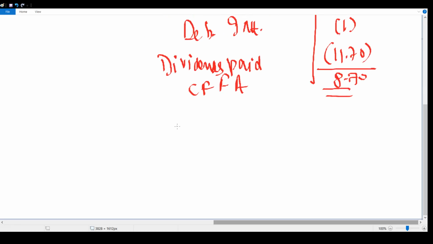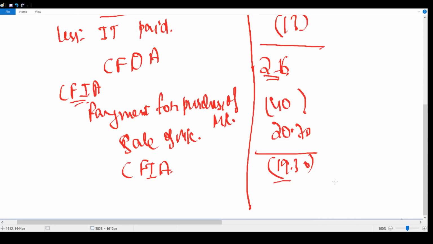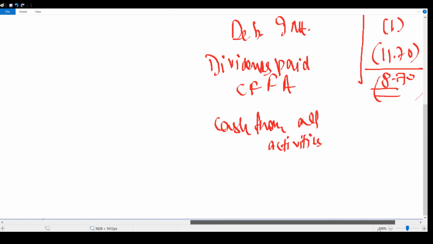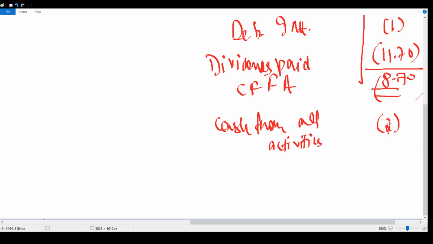Cash from all activities. 8.70 minus 19.30 plus 26. It comes out to be 2 negative.